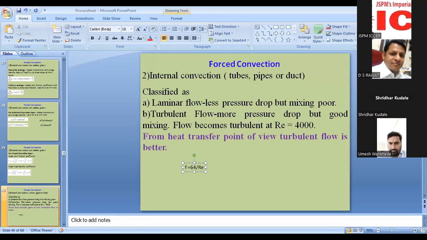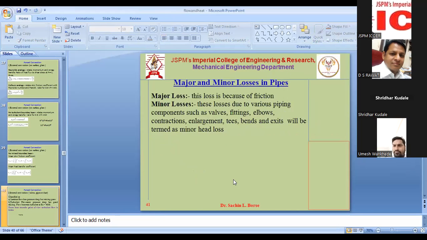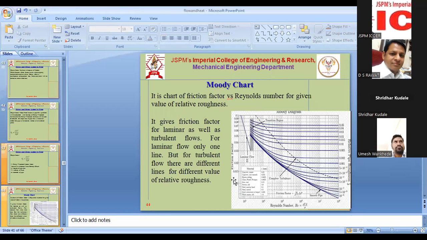But for turbulent flow, it is not a single relation. What we have to do is use one chart called the Moody chart. I will just show you the Moody chart. What does the Moody chart give? It gives the friction factor.